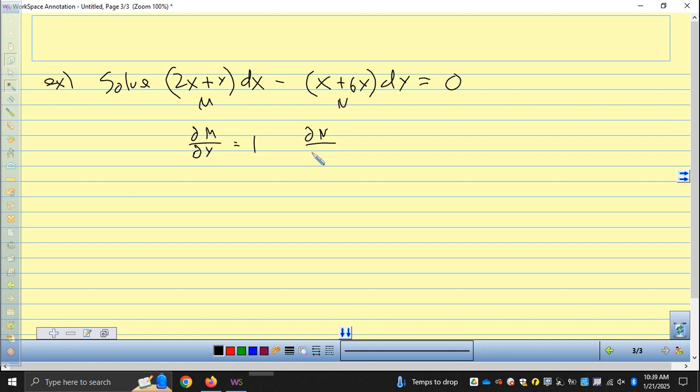The partial of N with respect to x is negative 6, sorry. Partial of M with respect to y is 1, and the partial of N with respect to x should be -1, sorry.